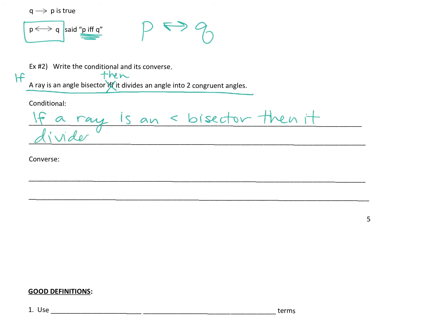Yes, you're doing it right. So you just add if and then change the IFF to then. You put an if out in front, and then this chunk, put a then where if and only if was, and then that chunk. Okay, so that's the conditional. What's the converse of that conditional?